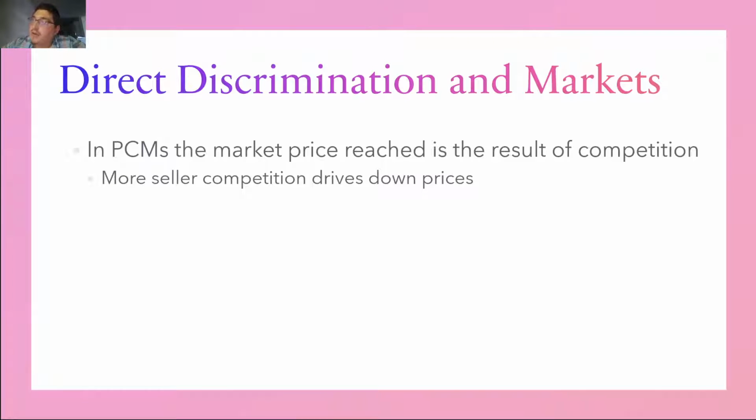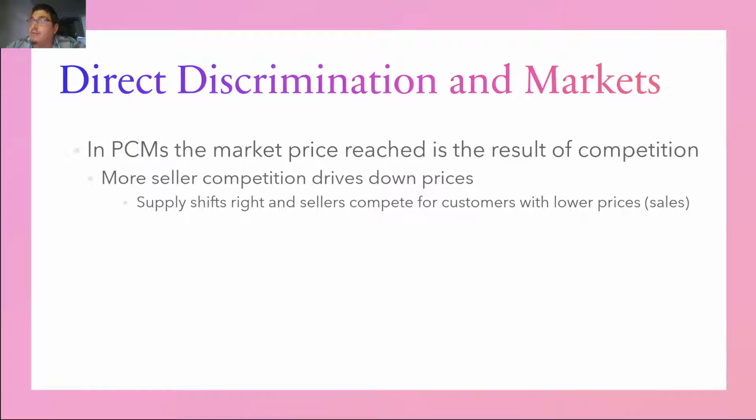If you have more seller competition, more sellers want to sell their house. If there's an excess in the market, it's going to drive prices down, as we saw previously. If sellers enter the market, supply is going to shift to the right. Those additional sellers are going to compete for customers by lowering the price, and you're going to end up selling more in that market.